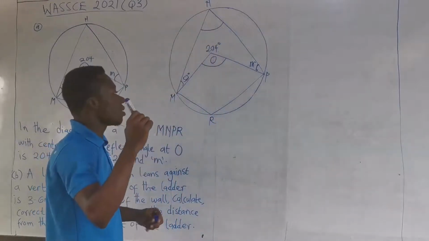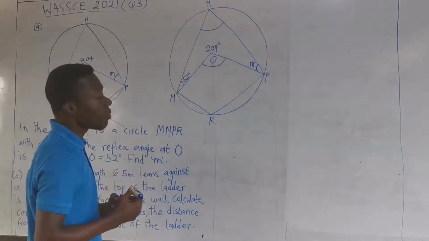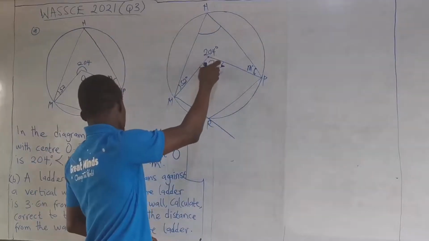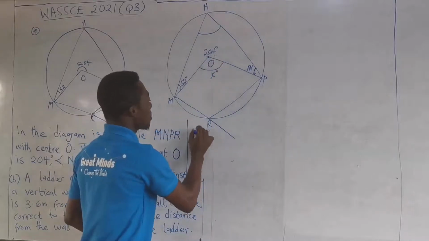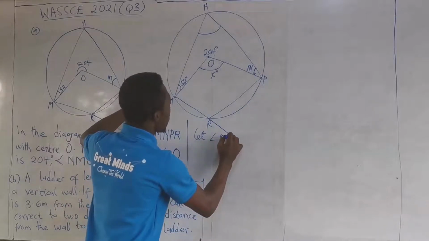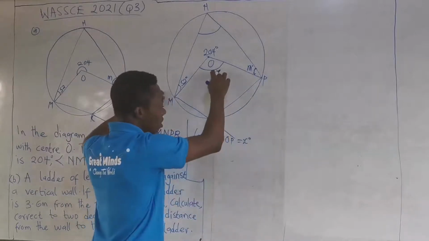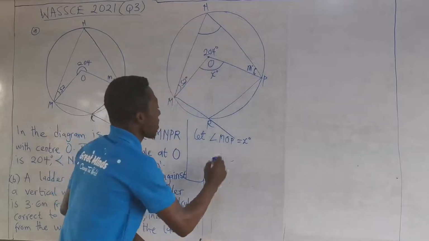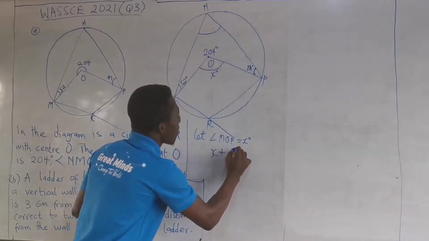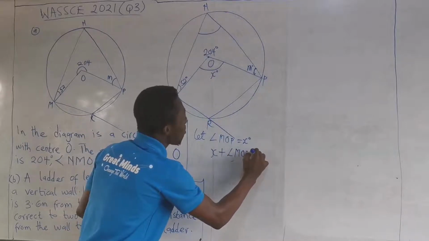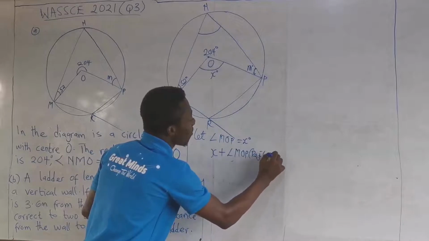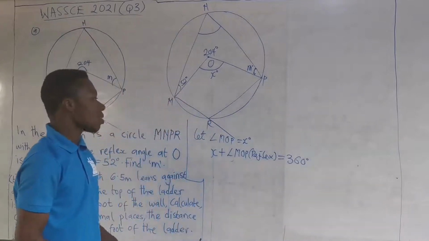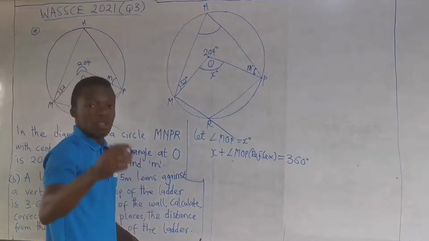Now the base rule: angles at a point sum up to 360 degrees. Let's represent angle MOP as x degrees. Angles at a point sum up to 360 degrees, so x plus angle MOP, which is the reflex angle, equals 360.